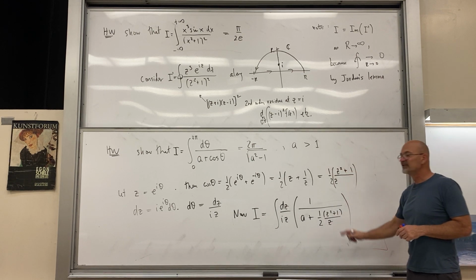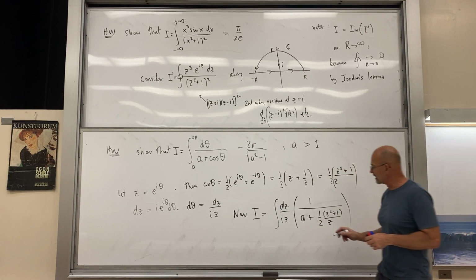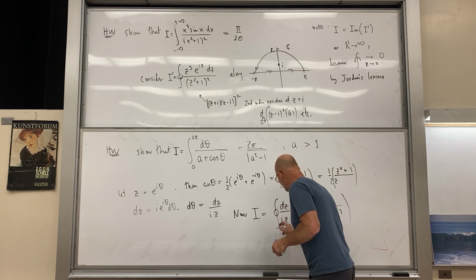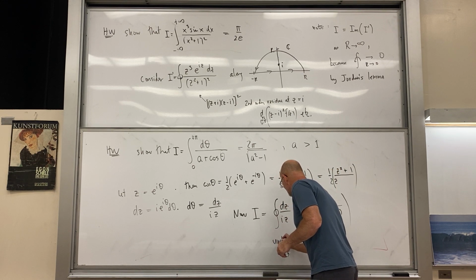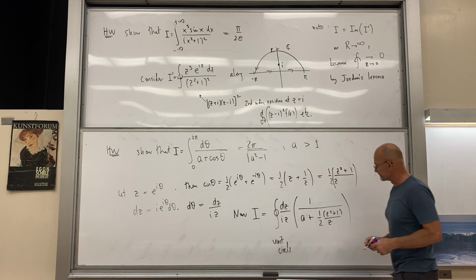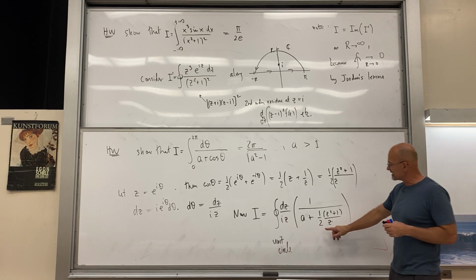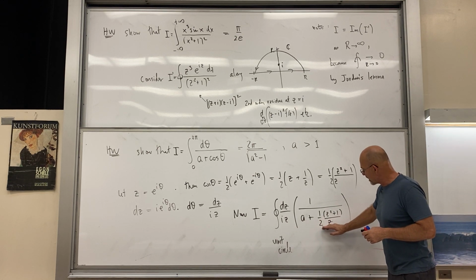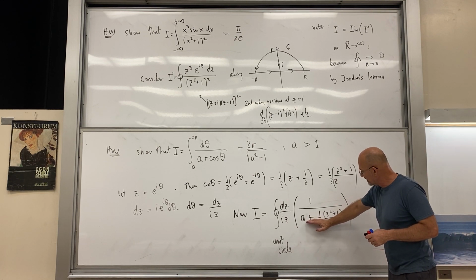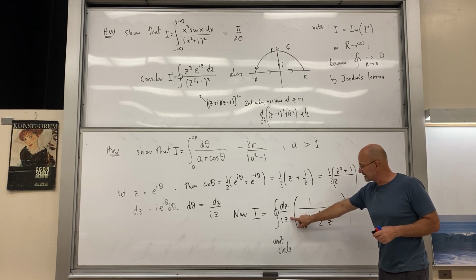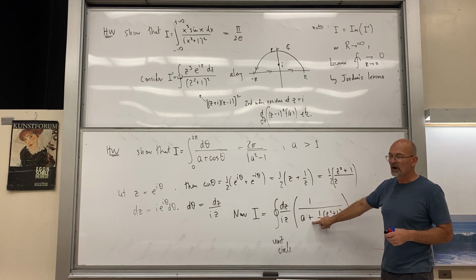And now we want to simplify this thing, but we can already say that it's around the unit circle. It's going to simplify nicely because the common denominator here is going to cancel that z right there, and we're going to have 1 over a quadratic.